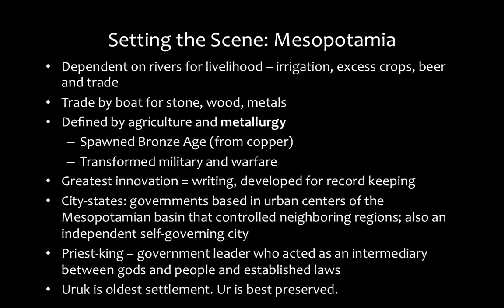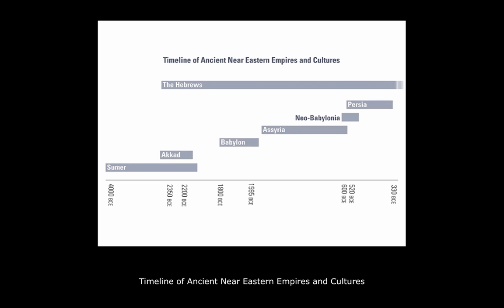The priest king would be a government leader who also acted as an intermediary between the gods and people. So this person would establish laws, and they're establishing laws on behalf of God, or whatever gods that they're using, and passing them down to the people. Uruk is the name of the oldest settlement from this period. Ur is the best preserved, and so we're going to be looking primarily at the city of Ur.